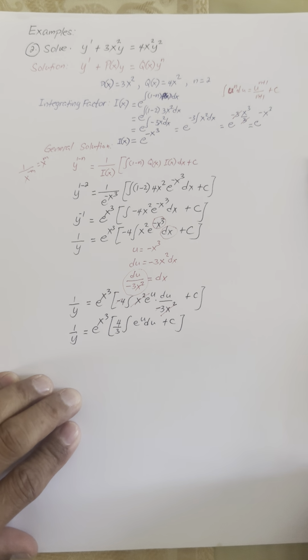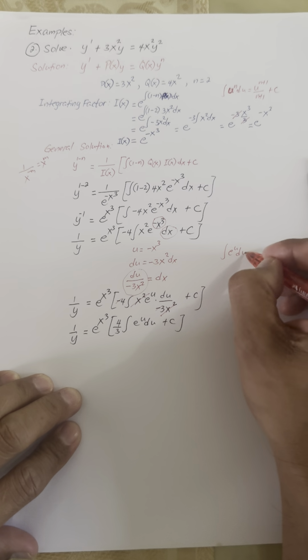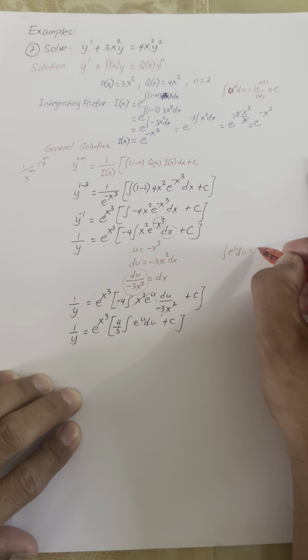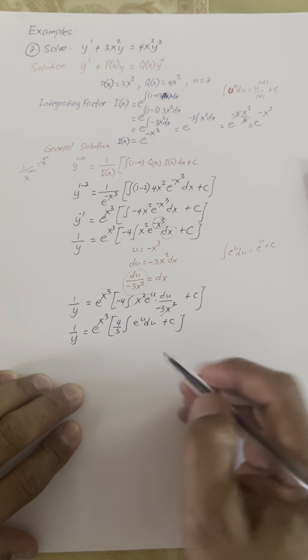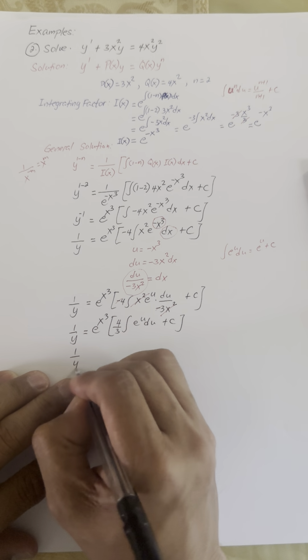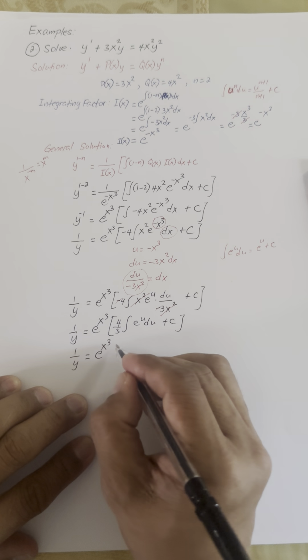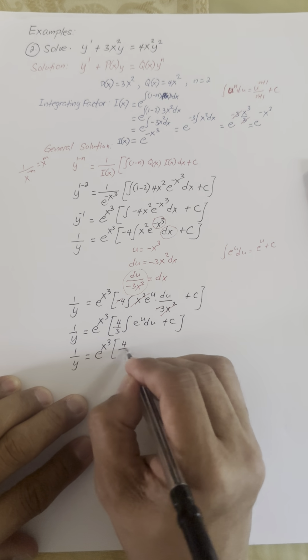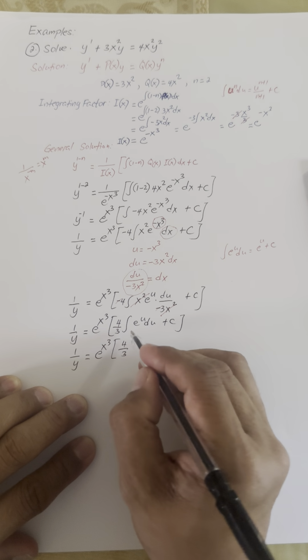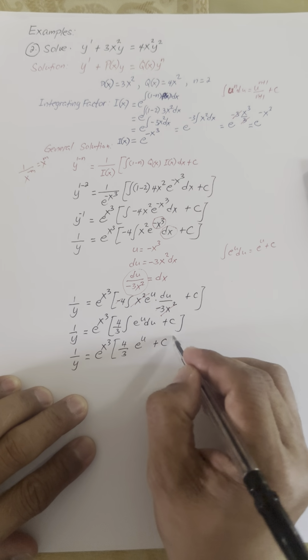Okay, so using the formula of the integral of e to the u du, which is equal to e to the u plus c, this is a perfect du. So we have 1 over y equal to e to the x cubed times 4 over 3, then e to the u, the integral of e to the u is simply e to the u, plus c.